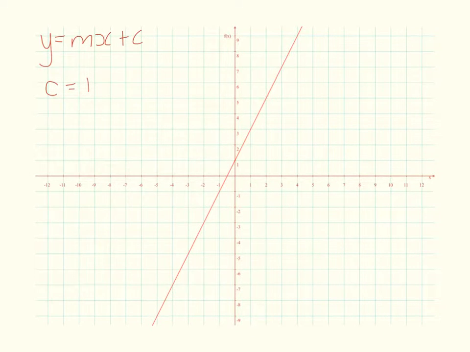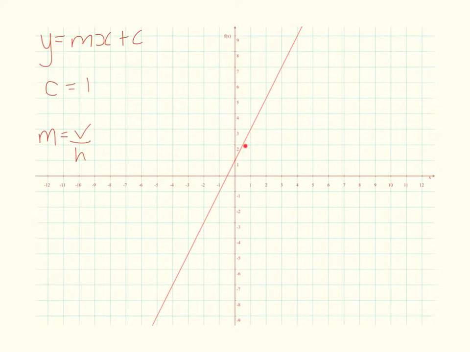What else? We need to know what the gradient is, and that is not immediately obvious. But if we think back to how we find the gradient, in the most general sense we do the vertical over the horizontal. So we count from this point until we reach another point that is exactly on the corner of a box.